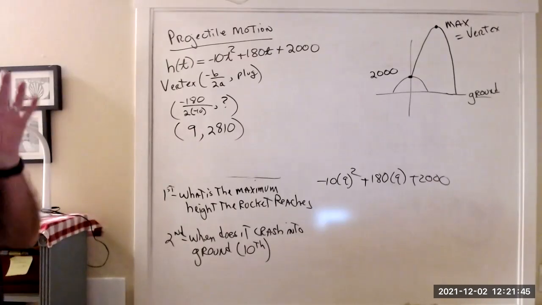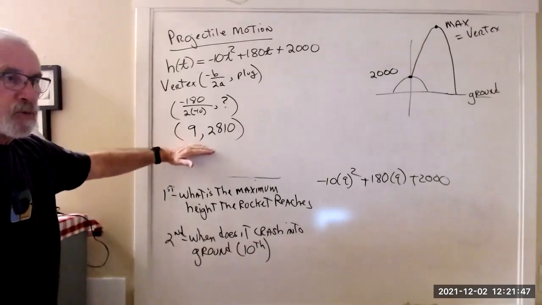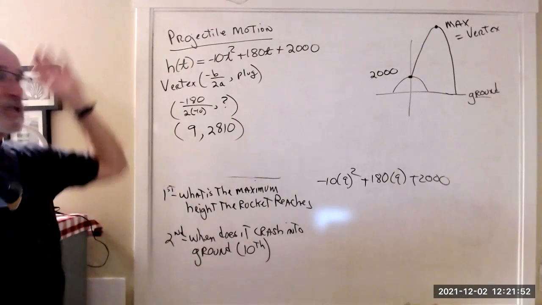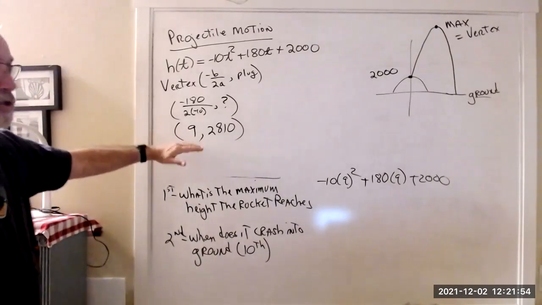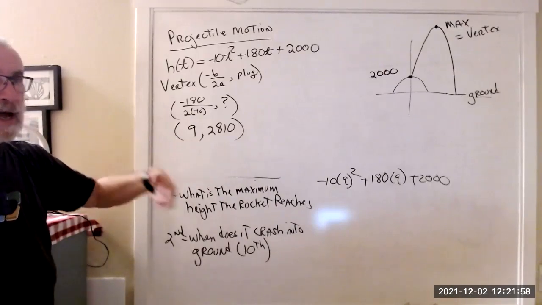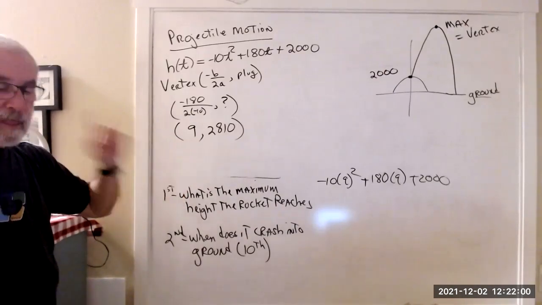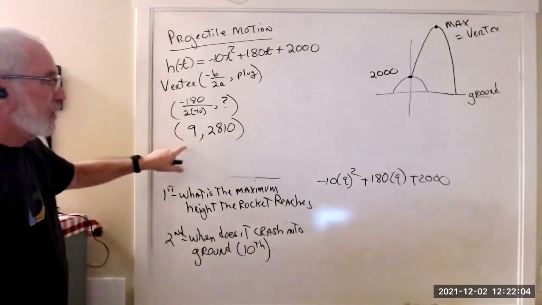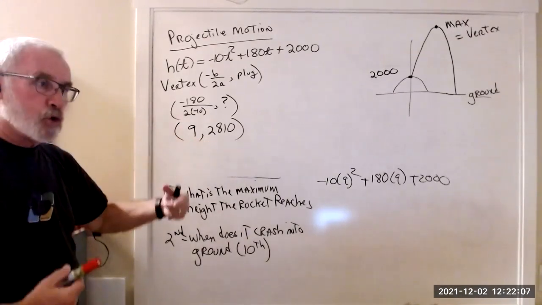Okay, good. Now, if you just said this, you're going to get the problem wrong. If you just said, oh, it's the vertex, yay, this is wrong. The question I said was, how high did it go? So you have to look at this answer and interpret it.